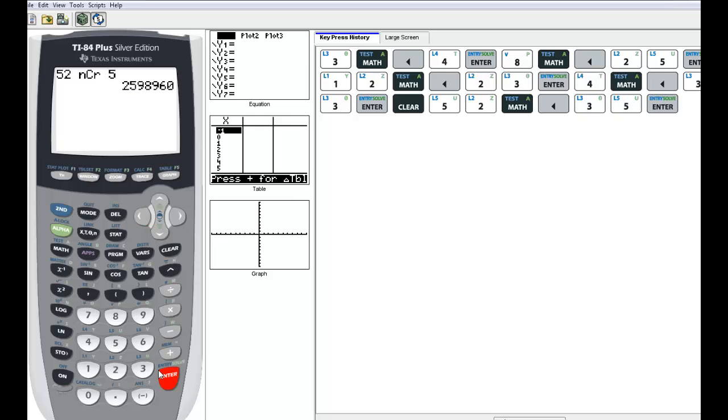Okay, 2,598,960 different 5-card poker hands. Okay, that's a lot. Alrighty. Questions about that? Okay, back to that last problem.